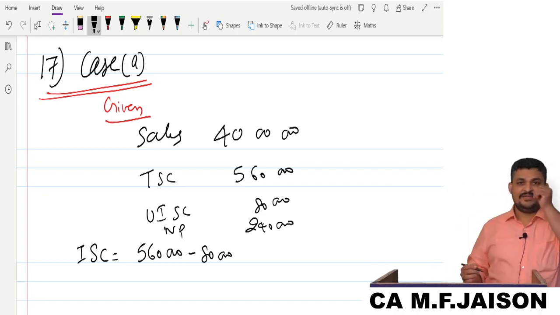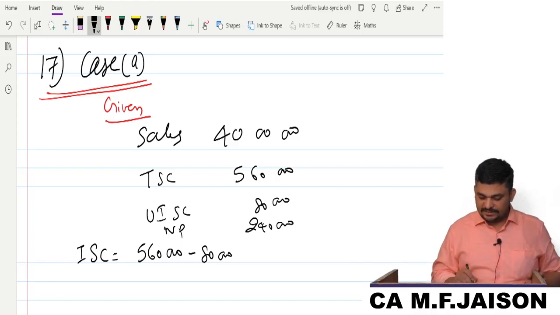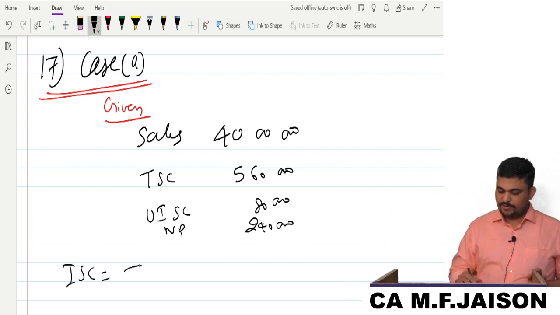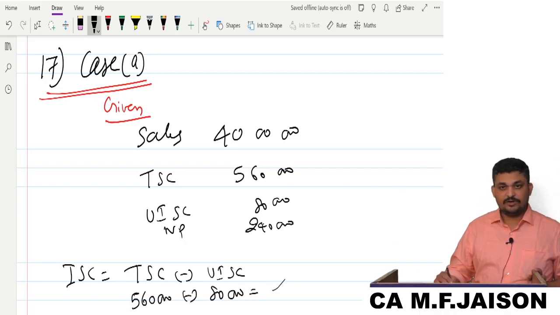These 4 data are given. First of all we will find the insured standing charges, which equals total standing charges minus uninsured standing charges: 5,60,000 minus 80,000, which is equal to 4,80,000.